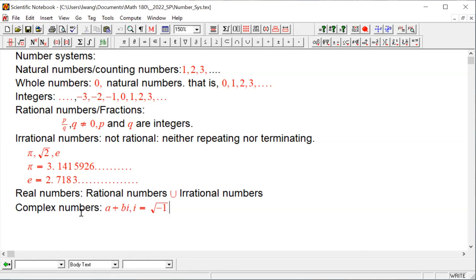It has a real number part, right? When b is 0, you can see it's all of the real numbers. So all of the real numbers are complex numbers, but not the other way around. A and B are real numbers.